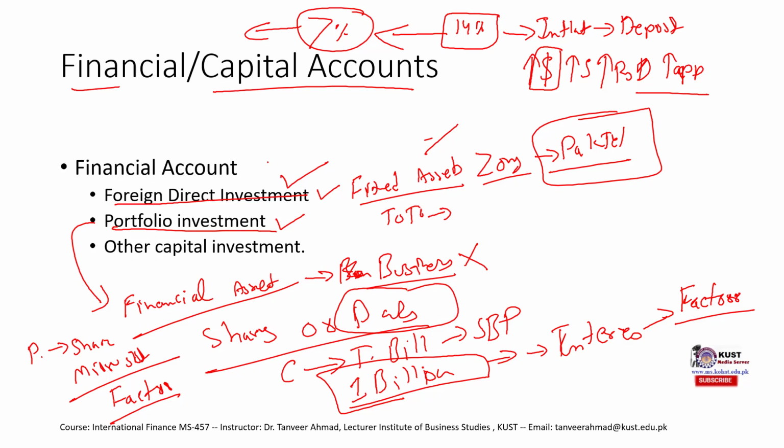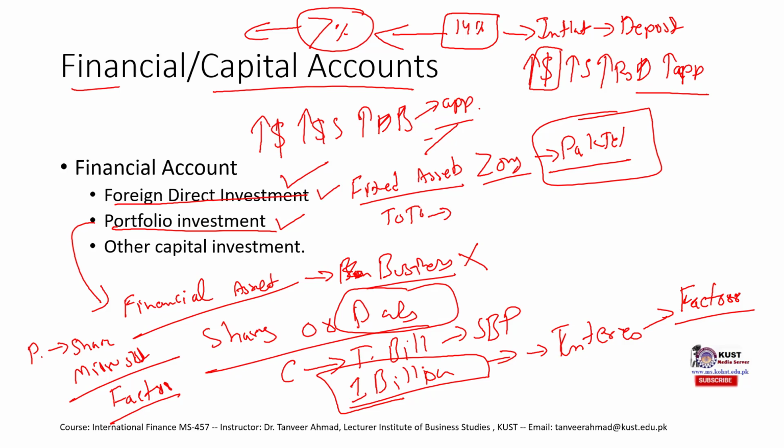And the same is the case with foreign direct investment. When a foreign company coming to Pakistan would bring foreign exchange, they would convert that into rupees to pay the salary, to buy the assets. So the supply of dollars would increase, and the demand of rupees would also increase, and when that would happen, the rupee would appreciate.